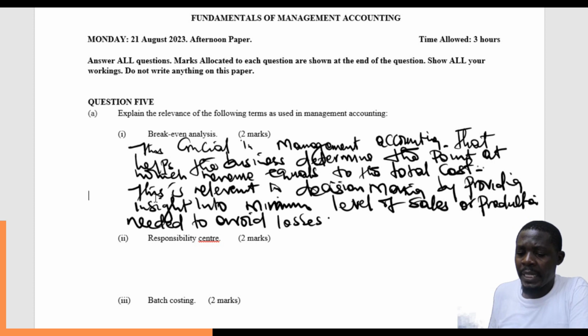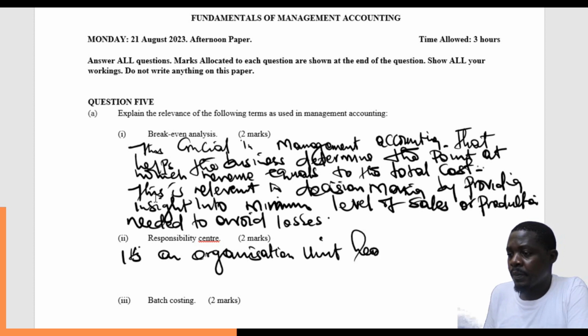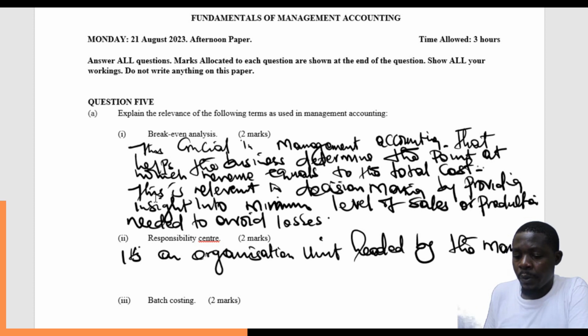The responsibility center is an organization unit headed by the manager, who is responsible for activities.